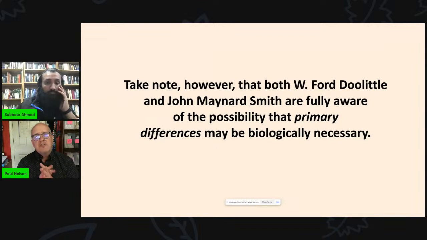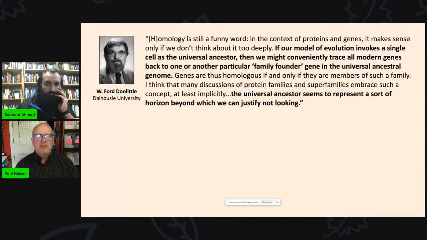Thoughtful theoreticians, such as Ford Doolittle and John Maynard Smith, the late John Maynard Smith, were well aware that primary differences may be biologically necessary. So we've already seen this quote from Doolittle. What he's describing in this passage from his paper in 2000 is, as you work your way back towards the last universal common ancestor, you seem to need a certain irreducible amount of molecular hardware, what he calls these protein superfamilies.